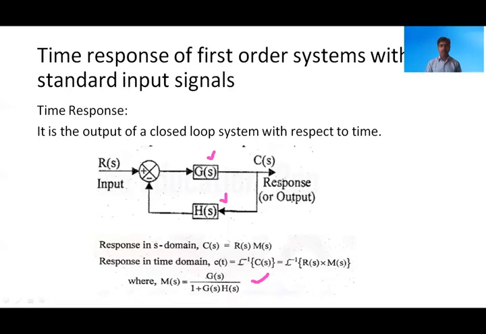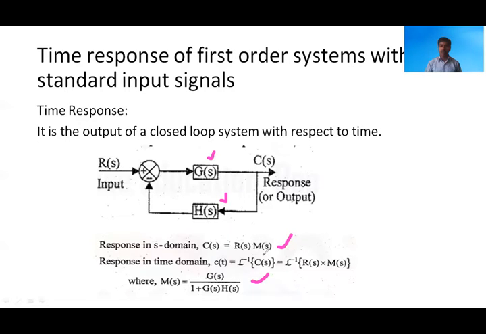Now, what is the output response of the system in s domain? It is the input times the transfer function. If you know the G of s value and H of s value, we can find M of s. Then multiply this with R of s.